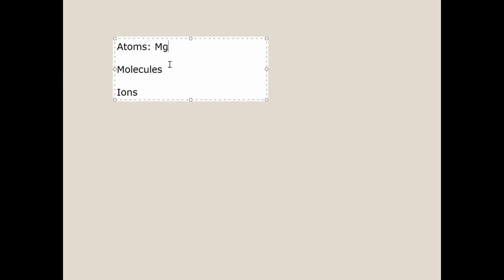If we say 1 mole of H2 or 1 mole of NaCl, molecule or compound, so 1 mole of any molecule or compound contains a specific number of that molecule or compound.